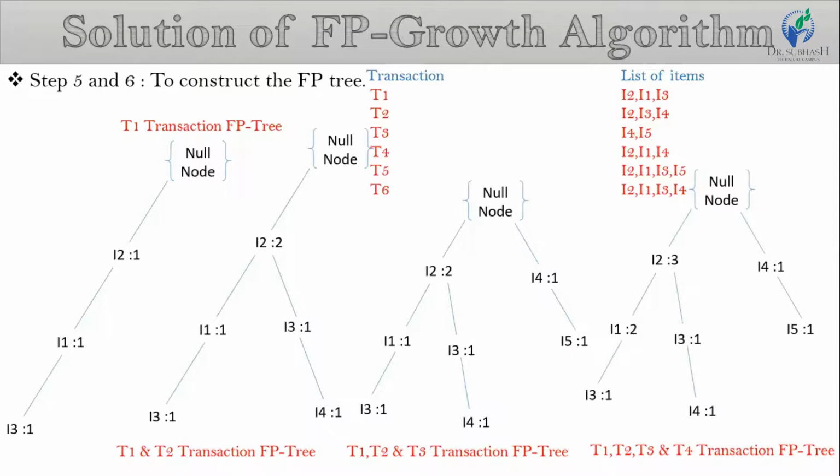Similarly, I1 will be incremented by 1 as it is already linked to I2 in T1, and I4 is linked to I1. Thus, the count of I2 is 3, I1 is 2, and I4 is 1.